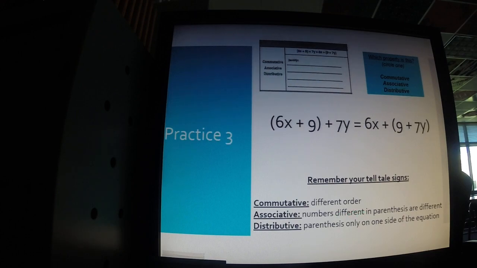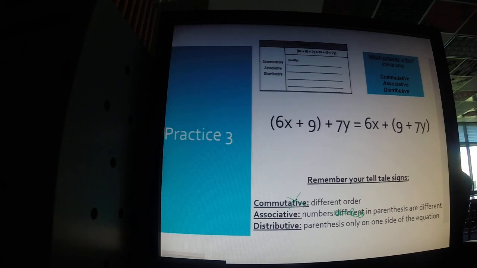So on this one, we want to see if they're in a different order. Well, it's 6x and 9 and 7y. Well, if I look over here, I have 6x, 9, and 7y. So they're in the same order, so it can't be commutative. So let's check the parentheses. Are the numbers in the parentheses different?